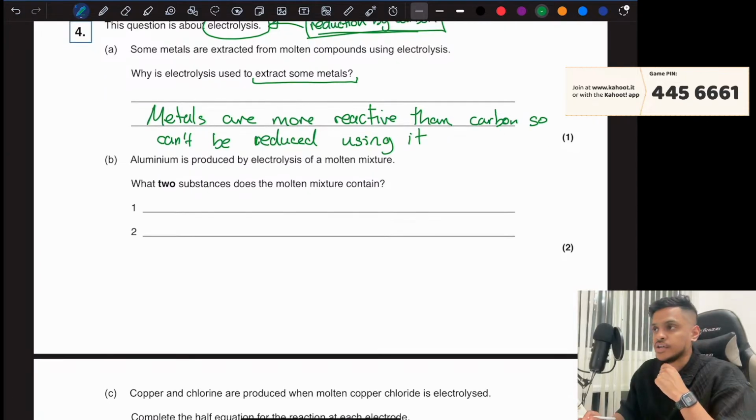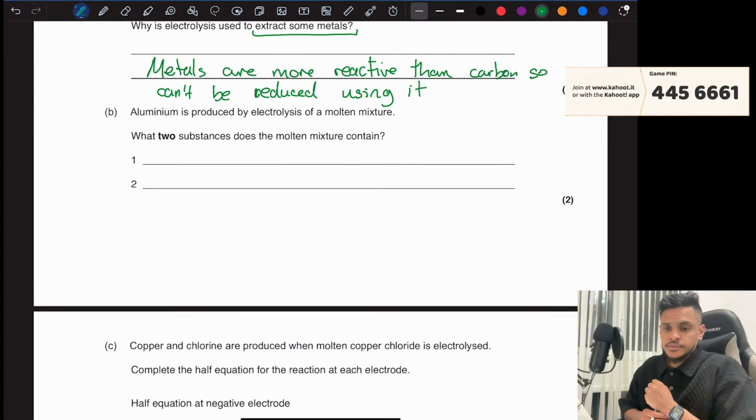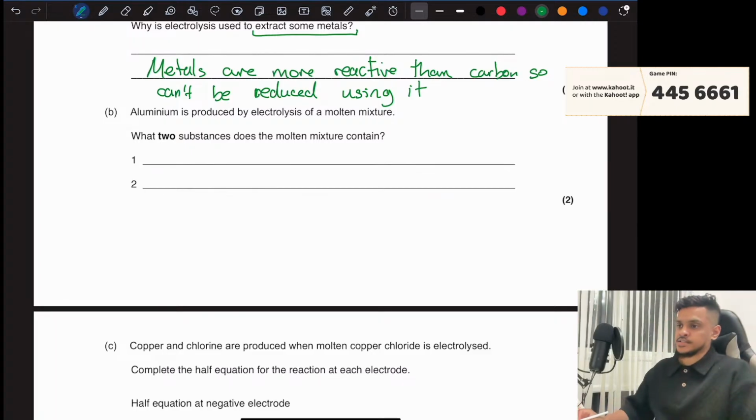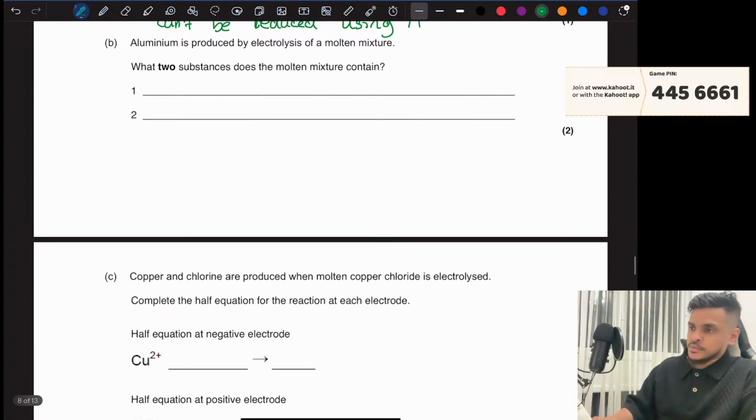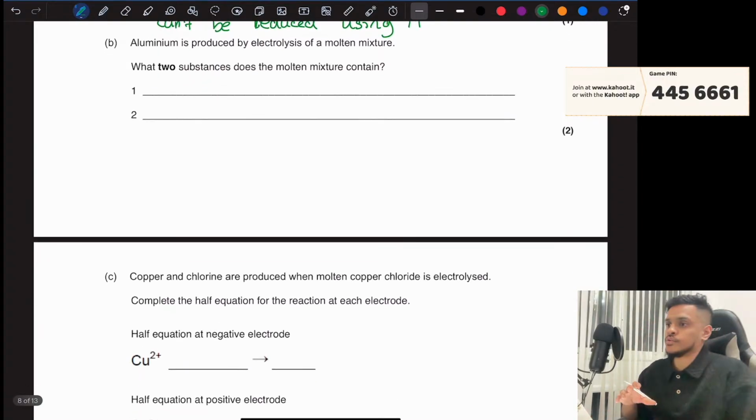Aluminium extraction. What do you guys think the answer is here? It's the one specific one you need to memorize. Does anyone know what is in it? There's two things in it. This is what you're putting your electrodes in. No, not delocalized electrons.